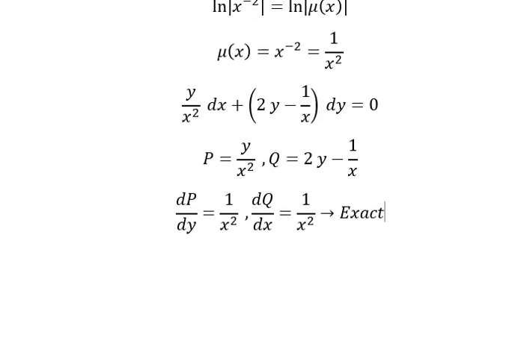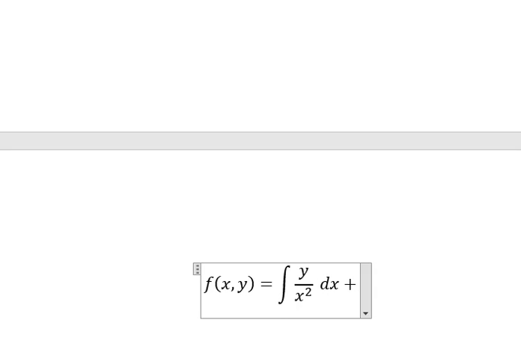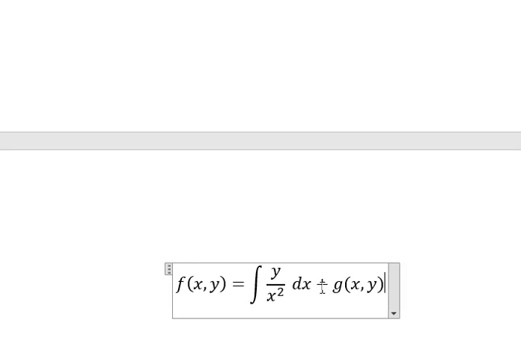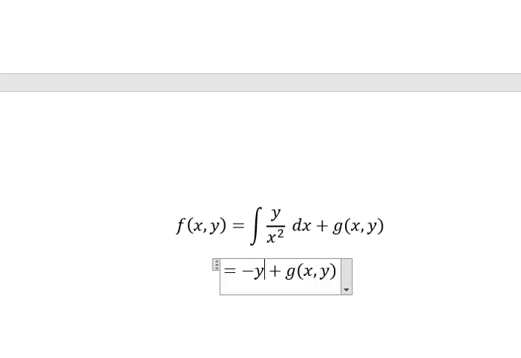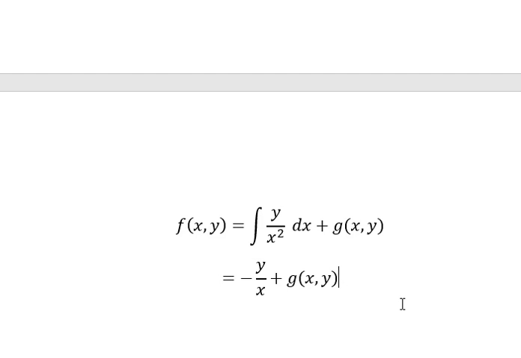And now we need to set up the function f(x,y). So I select this one. And we have 3sy. The integration of this one, we have negative y over s.